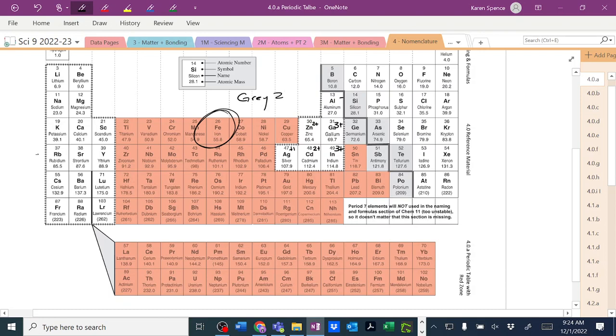And the gray zone needs Roman numerals. But calcium, is it in the red zone? No.